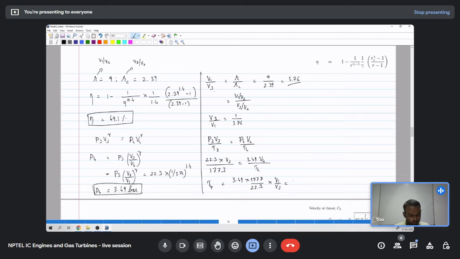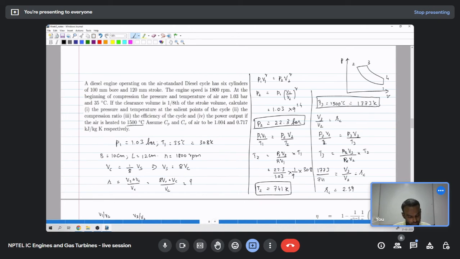So this is 1043.3 Kelvin. So I have calculated the pressure and temperature at all states, and the compression ratio is also calculated. I have calculated the efficiency.